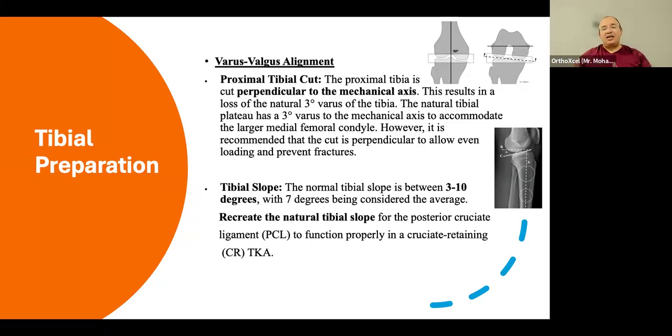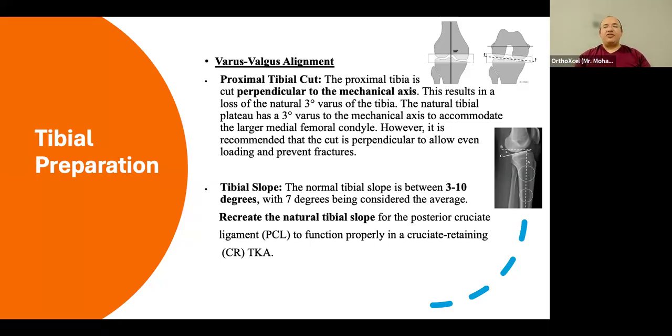So if you're doing a CR knee, you are maintaining the PCL, you will not cut the PCL. So you don't care about the slope, you put the knee in a normal slope, which allows better flexion. But if you're doing a PS, you will be sacrificing the PCL, which means you don't have anything to stop the posterior subluxation of the tibia. So make the slope about 0 to 3 degrees to stop posterior translation of the tibia.